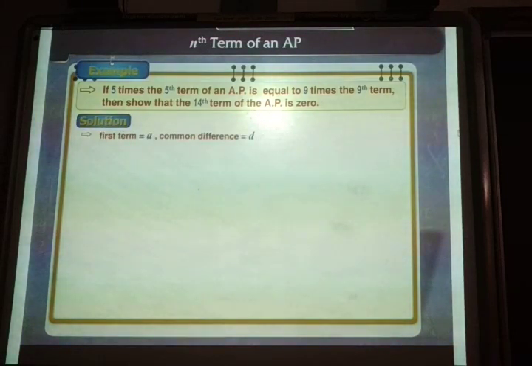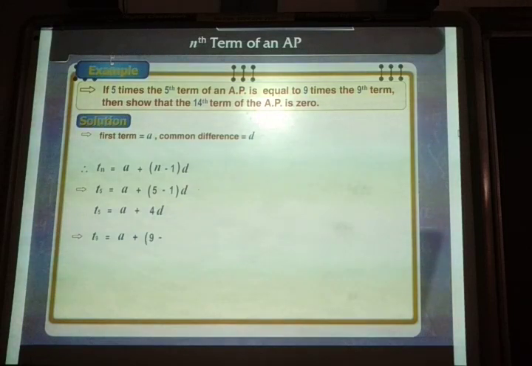Let the first term be A and the common difference be D. Tn is equal to A plus n minus 1 into D. Therefore, T5 is equal to A plus 5 minus 1 into D is equal to A plus 4D, and T9 is equal to A plus 9 minus 1 into D is equal to A plus 8D.